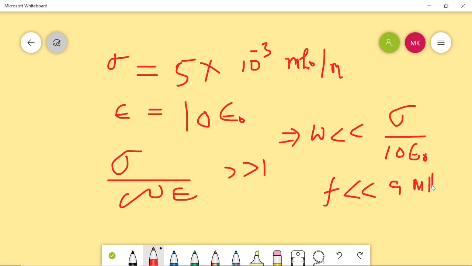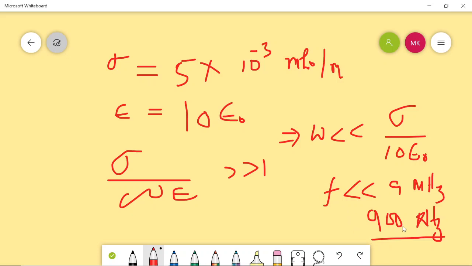So it means that for frequencies below 900 kilohertz, we have to take at least 10 times lower. So f should be at least 10 times lower than this value. If the frequency is lower than 900 kilohertz, maybe 800, 700, 850, then this earth will be considered a good conductor.